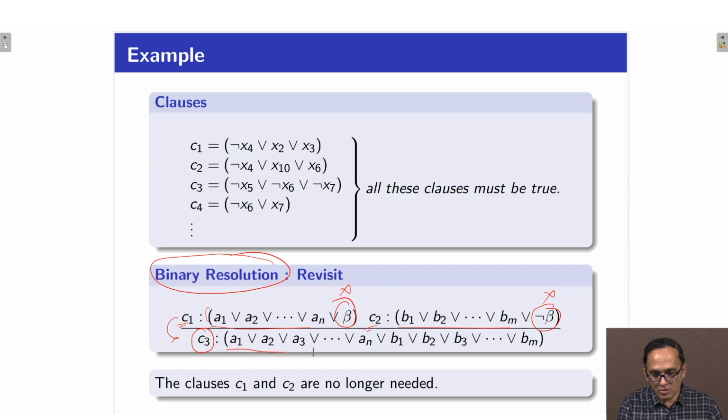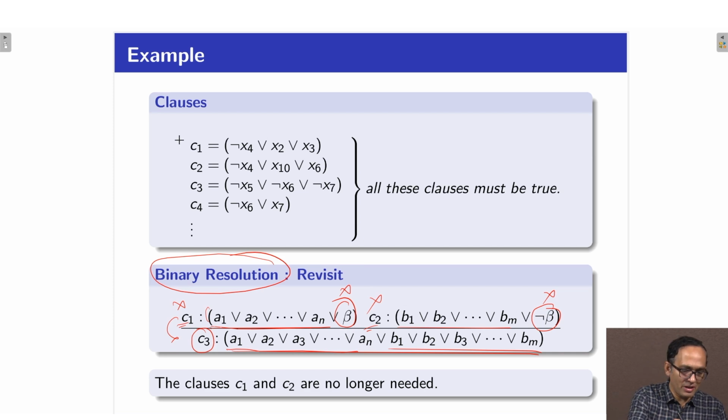And I will construct a new clause which is a combination of the other literals A1 to AN and B1 to BM. And I will remove C1 and C2 altogether, right. This is the binary resolution. So, once I get a conflict, from that node I will start this binary resolution automatically until this UIP 1, and whatever clause I get, that is my asserting clause, right. Let us see what is happening.